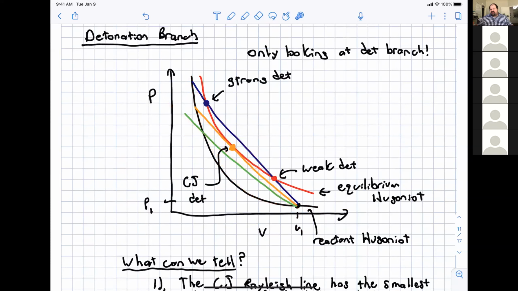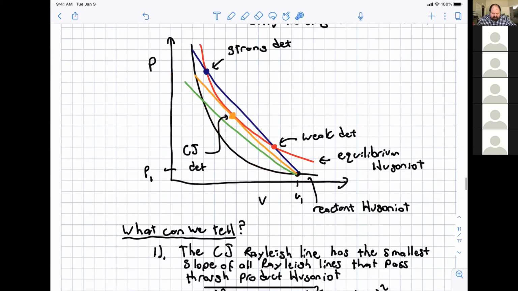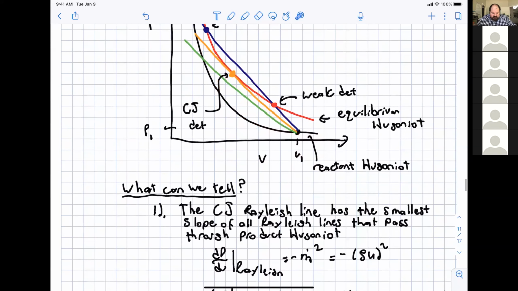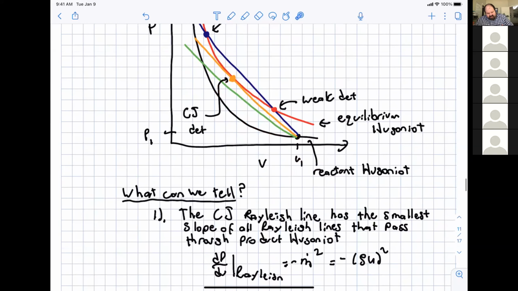Okay, so what can we tell based on Jouguet's rule and this Hugoniot curve? First of all, if we start from a very shallow Rayleigh line and swing it up, we will eventually hit the CJ detonation point.